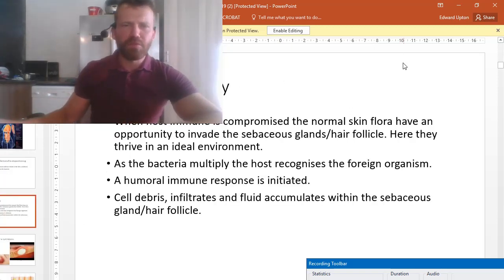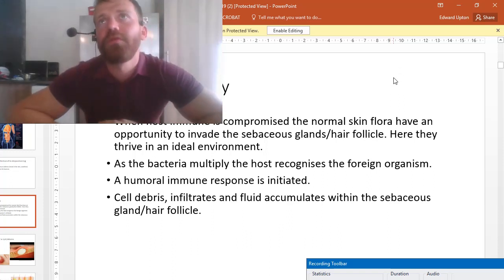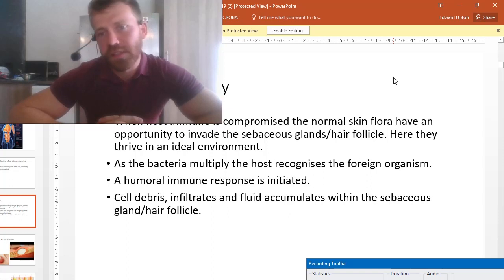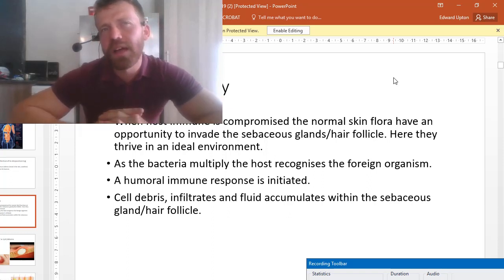into the pathophysiology, while basically we're still on localized bacterial skin infections. Initially, something must be causing that little sebaceous gland to produce more sebum.